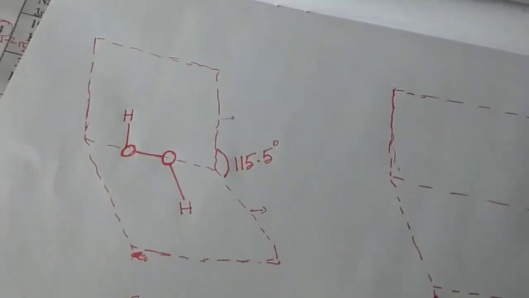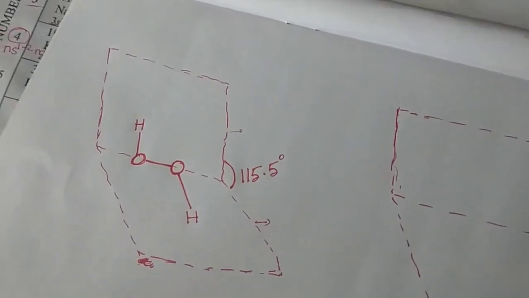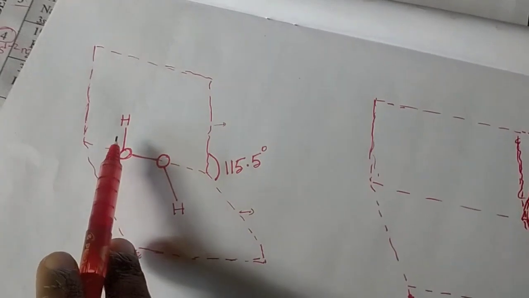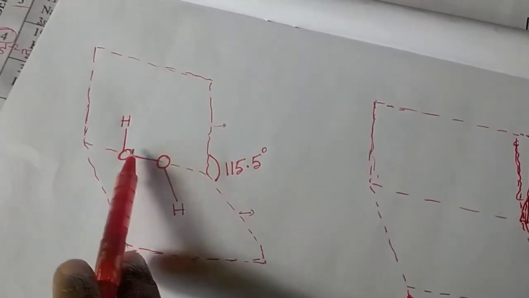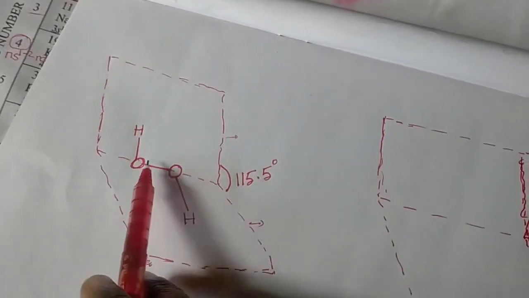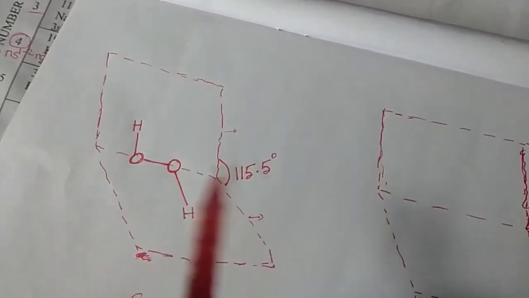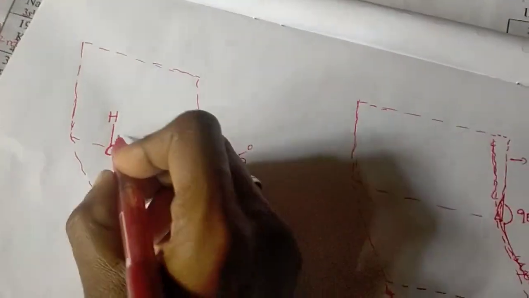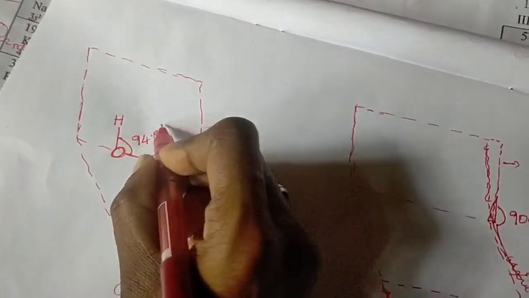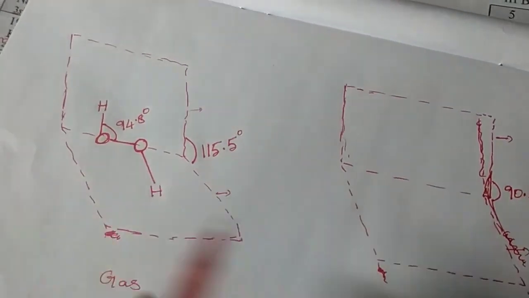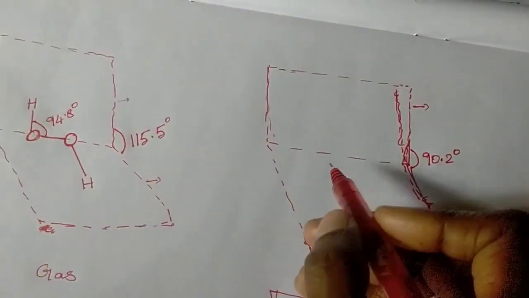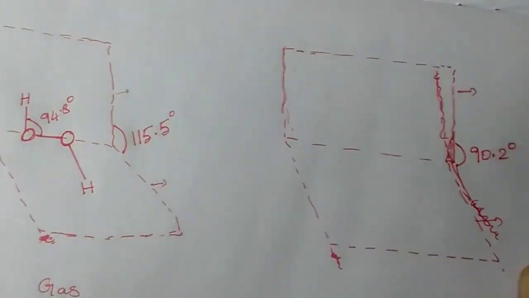The angle between the two O-H bonds with the oxygen-oxygen bond is 94.8 degrees.